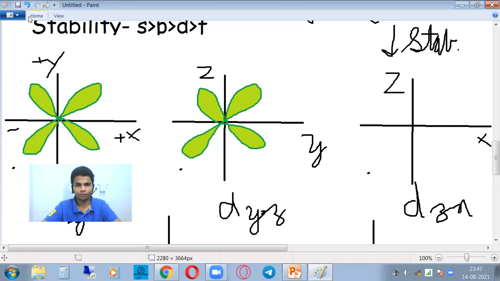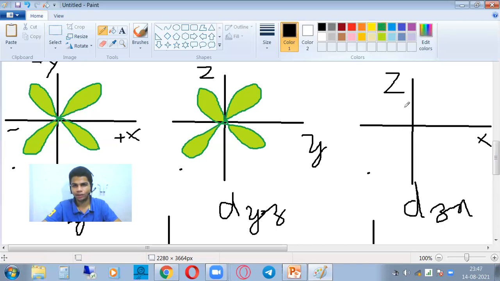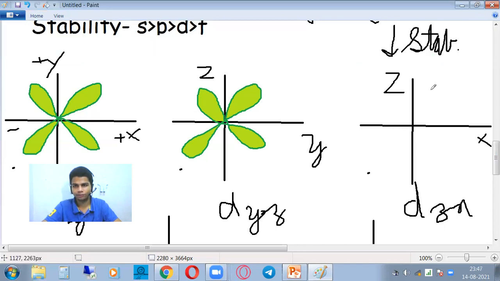If I try to draw the orbitals, I will choose the dark green color again, and here it is. Here you can find the electron.